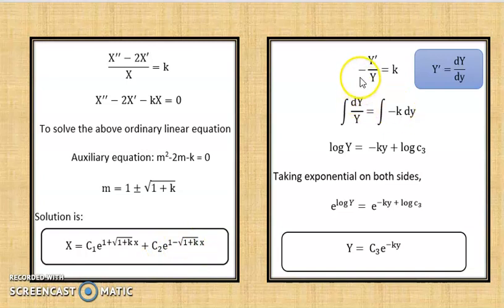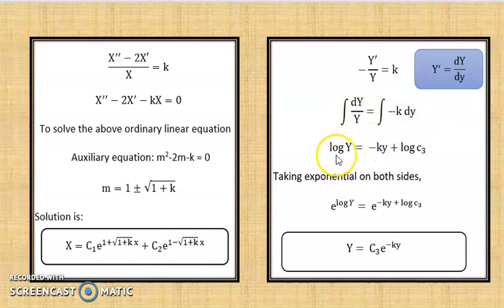Now we consider minus Y dash by Y equal to k, where Y dash equal to derivative of capital Y with respect to small y. Then on substituting the value of Y dash, we get dY by Y equal to minus k dy.